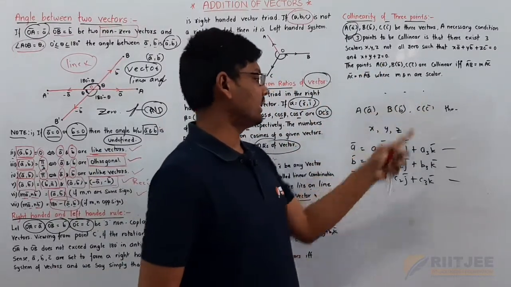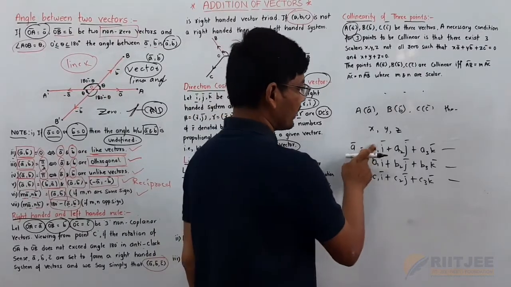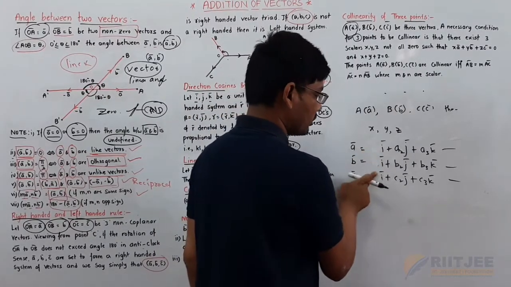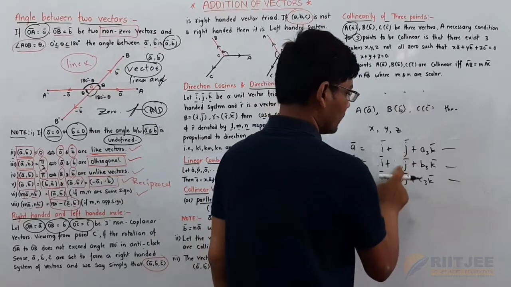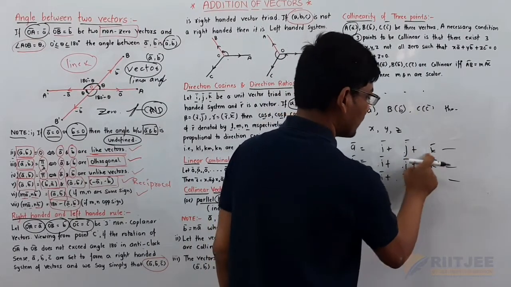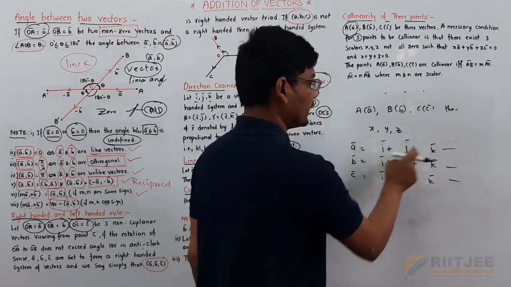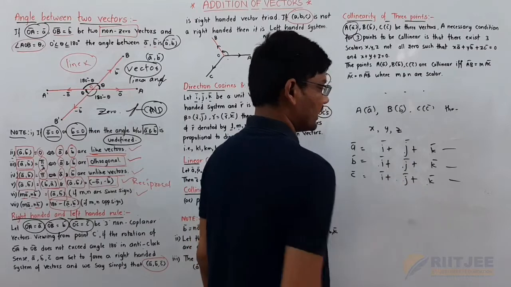So there exist x, y, z which are scalar quantities. I, J, K are directions, so I am simply eliminating all of A1, A2, A3, B1, B2, B3, C1, C2, C3 here.